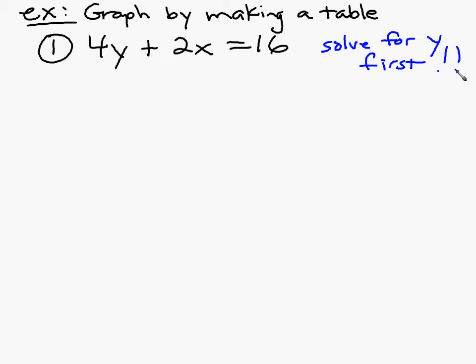We are trying to get y by itself. If you remember, when we're trying to solve for y, we want to get it by itself. We want to move everything else over to the other side. So doesn't it make sense that we need to move this 2x over there? Let's use an algebra step. What's the opposite of adding 2x? So let's subtract 2x.